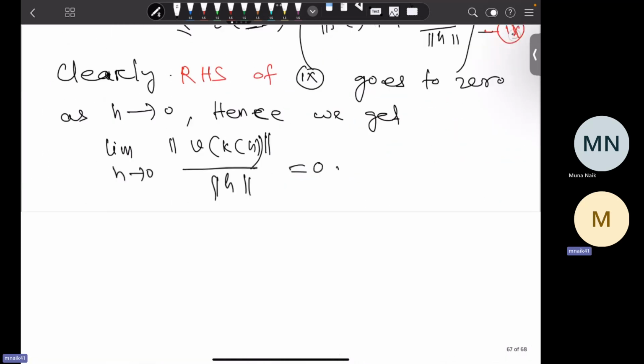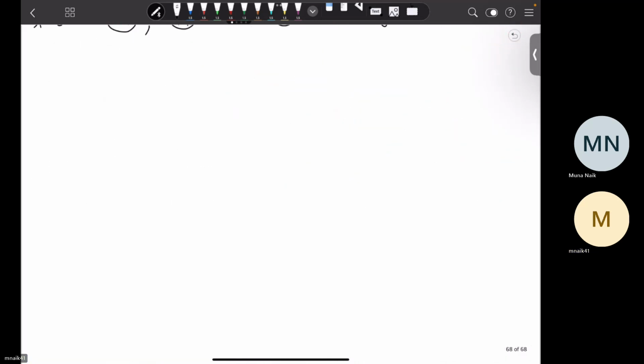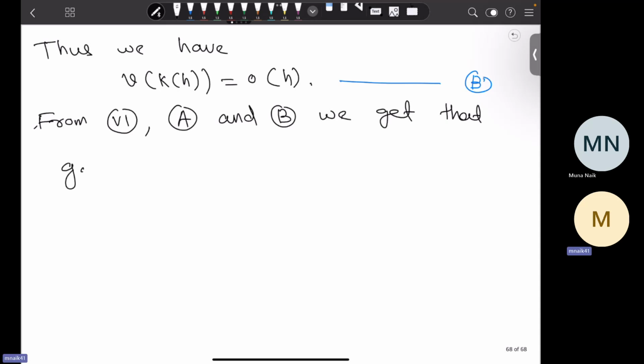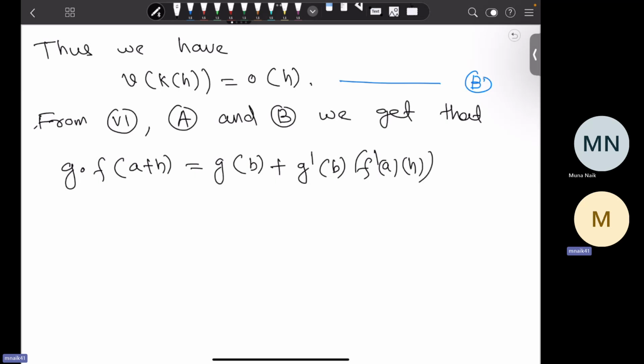G composition f of a plus h is nothing but G of b plus G prime of b, A prime of h plus little o of h.